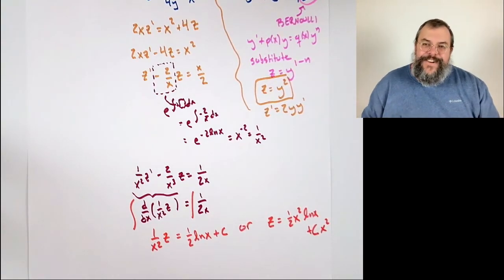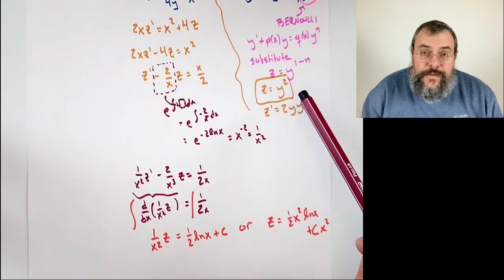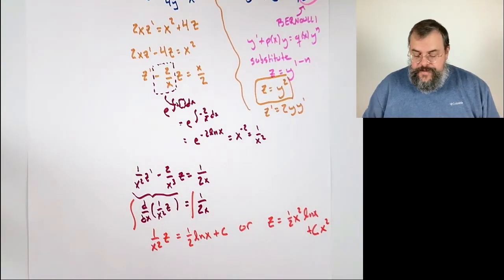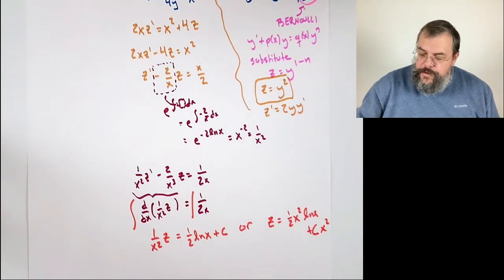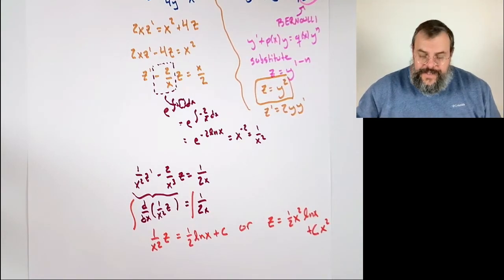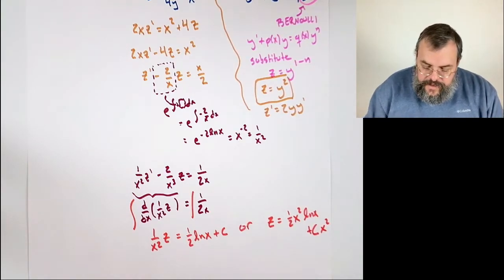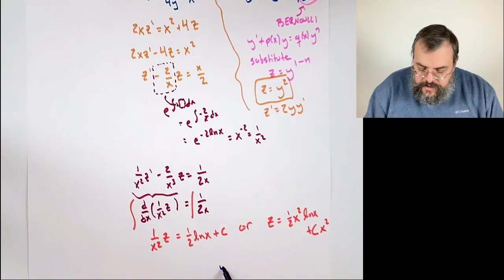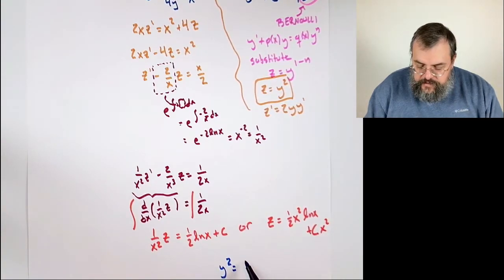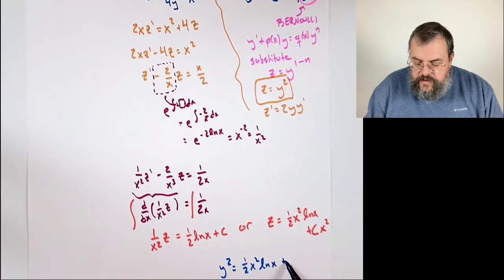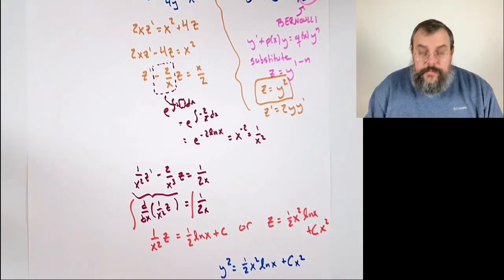No, not quite, because z is y squared. All right, so we're almost there. So we can say, all right, great. y squared is 1/2 x squared natural log of x plus some constant times x squared.